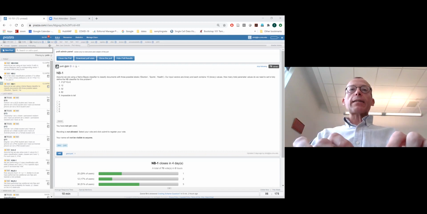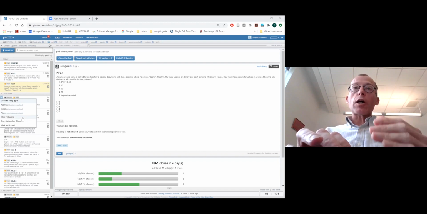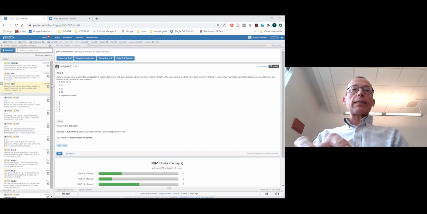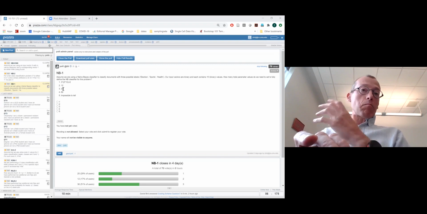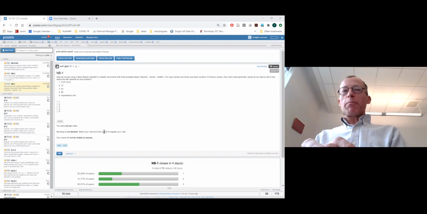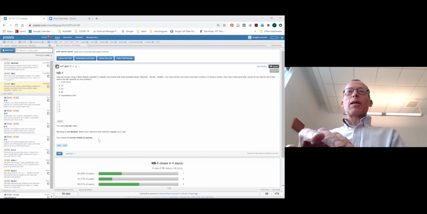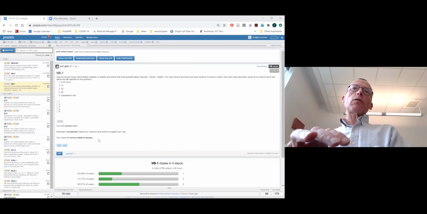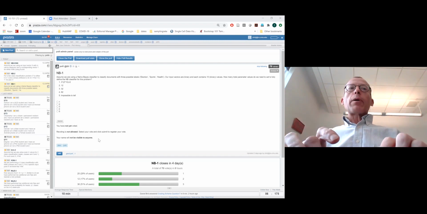Okay, so the answer in this case is 30 for the features plus 2 for the classes, which is the second answer, 32. And a small majority of you still was able to correctly determine that this is the answer. Okay, so this is just a simple counting.